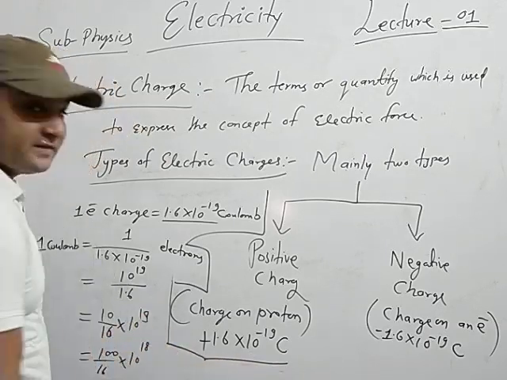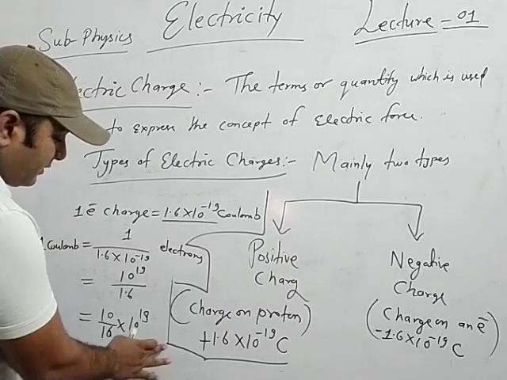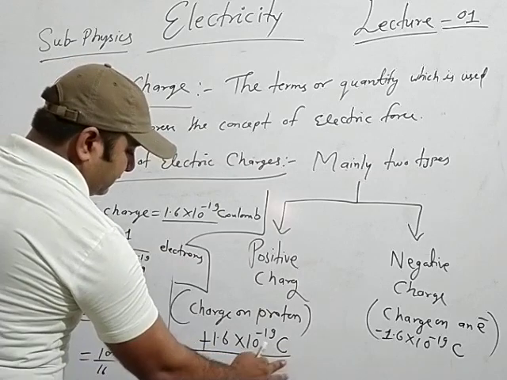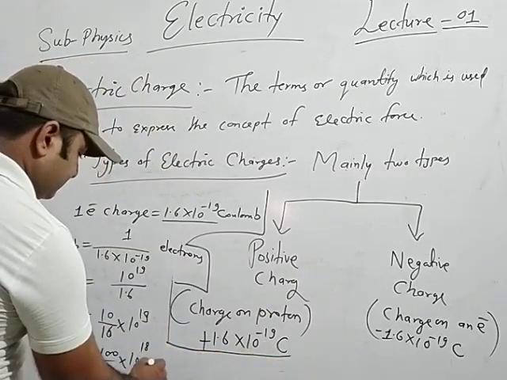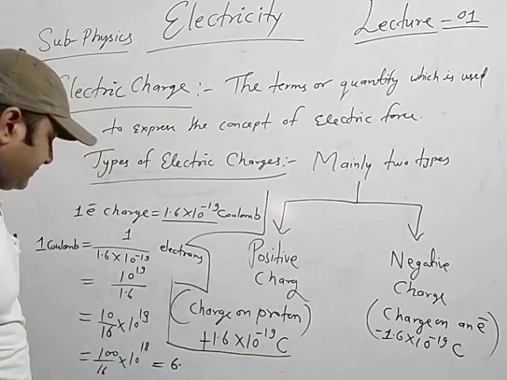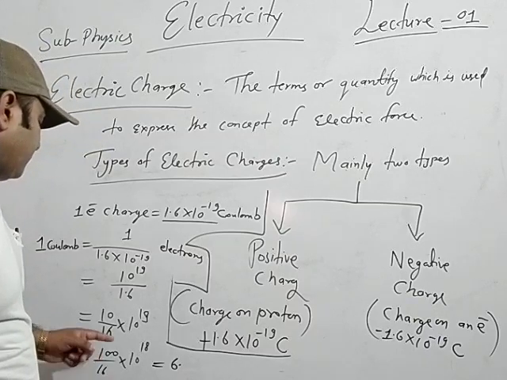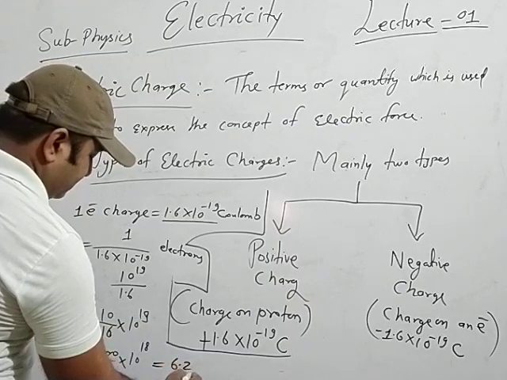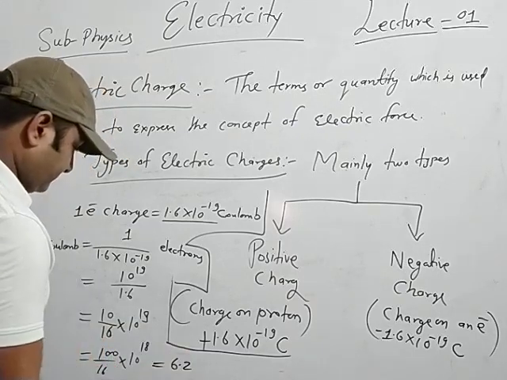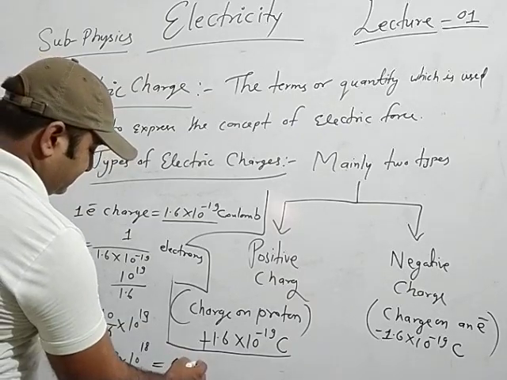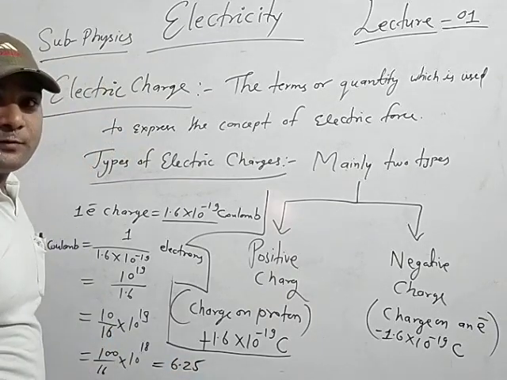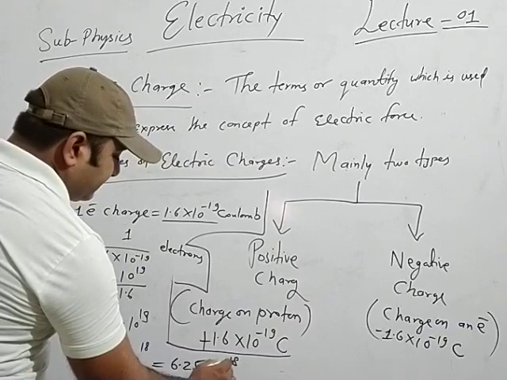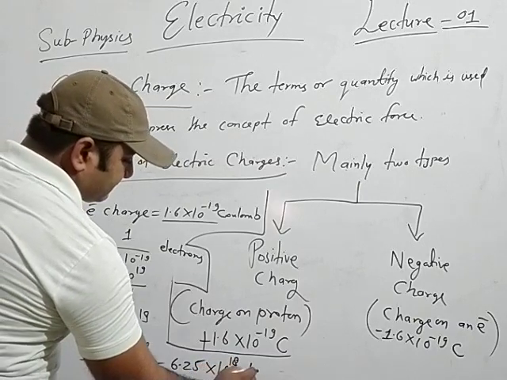When we simplify this value, we get a very easy concept: 100 upon 16, that is equal to 6.25 into 10 power 18 electrons.